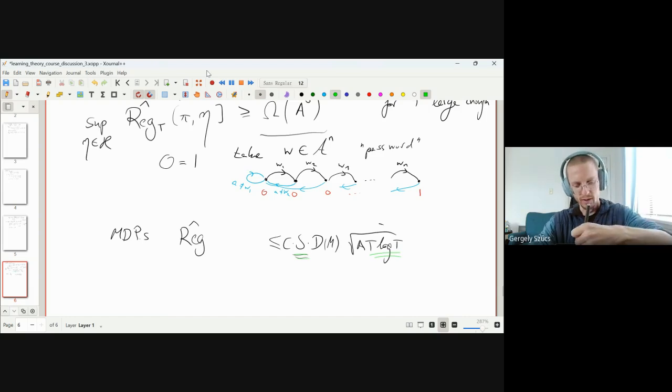And this is also the diameter, by the way, because the diameter of this password POMDP is the same as the number of states roughly. Hopefully that clarifies that a little bit. And I tried to fix the statement in the notes to say something a little more meaningful.